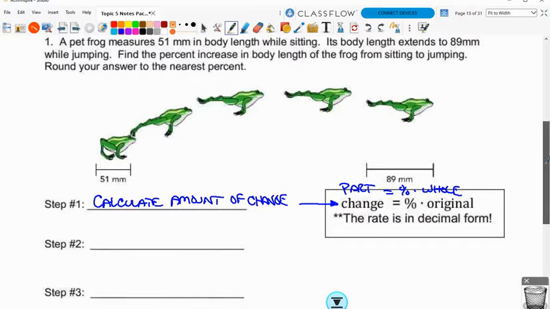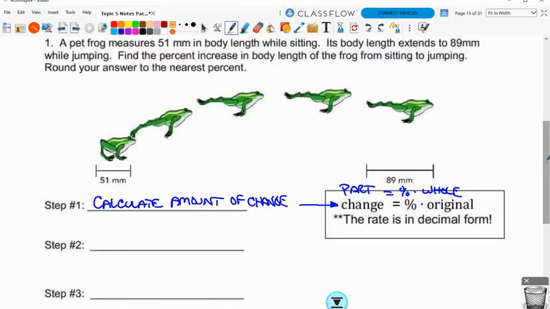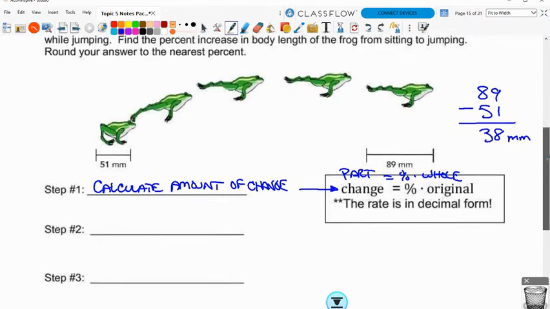So let's calculate the amount of change in the body length. It started here at 51 millimeters. It ends at 89 millimeters. If we do 89 minus 51, that's going to equal 38. So the amount of change is 38 millimeters.